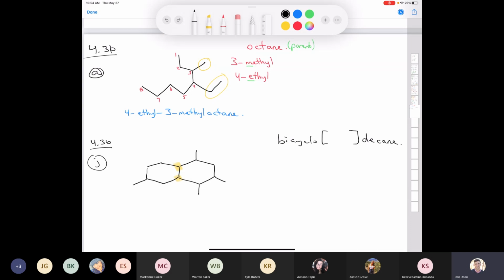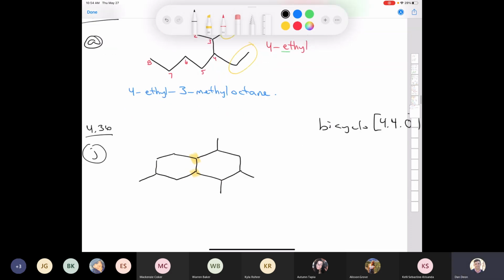It's 440, because we have a bridge here that's got 4 carbons in it. We also have a bridge here that has 4 carbons in it. I've identified the 2 bridgehead carbons in yellow, and I have no carbons in here. So it's going to be, like my students said, 440. So it's some kind of bicyclo[4.4.0]decane.